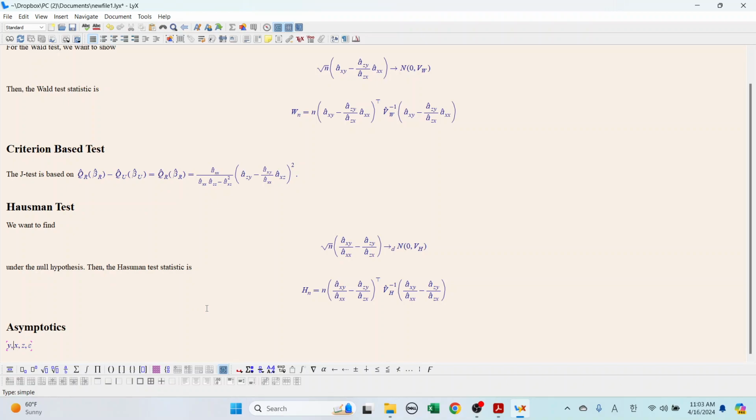Y is generated, and y depends on all the other variables. So I recommend you use only x, z, and epsilon, right?